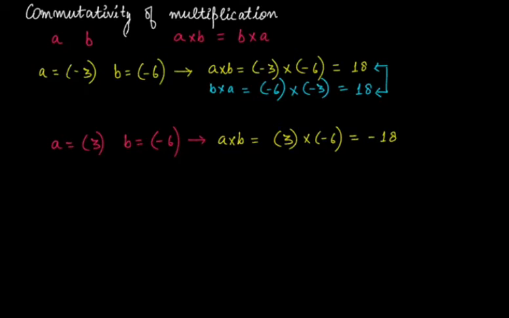And what about b times a? This will be -6 times 3. Again it will be -18. These two outcomes in the case of a times b and b times a are the same. Therefore again, from these two examples we can say that in general a times b is equal to b times a, and therefore two integers are commutative under multiplication. That is, two integers follow the commutativity of multiplication.